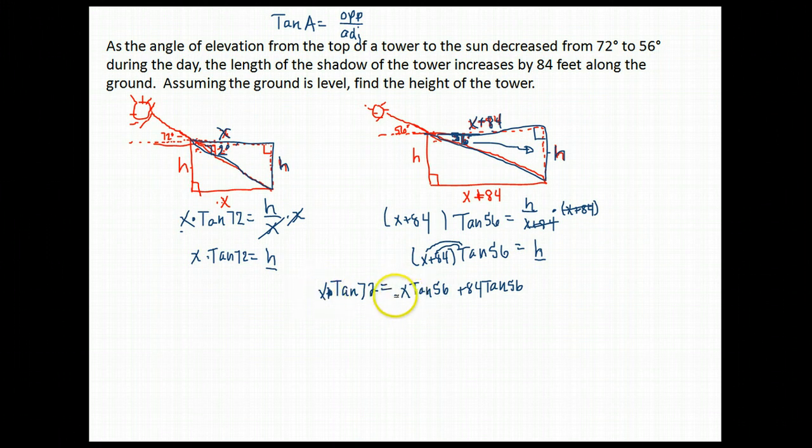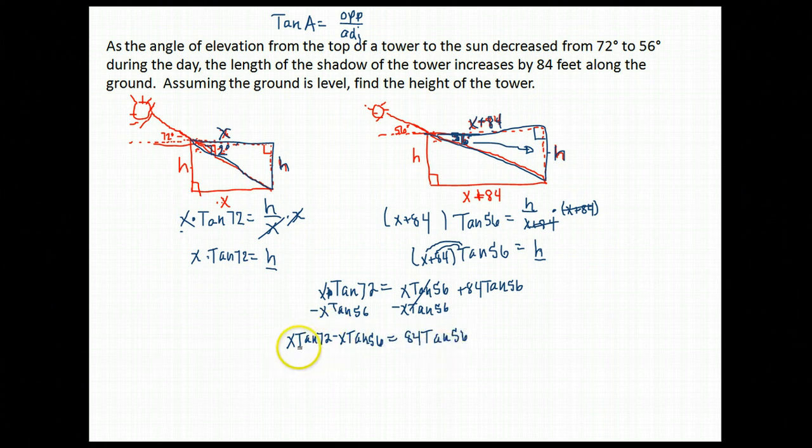So to isolate it, we need all x's on the same side. So this x tangent 56 is going to have to move to the other side. It was positive, so if I subtract it from both sides, I will have it moved. Now I have x times the tangent of 72 minus x times the tangent of 56 equals 84 times the tangent of 56.